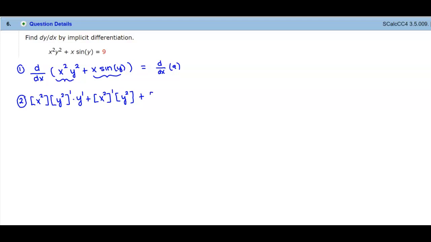So we know that we're going to have the first part of that function of x times the derivative of the sine of y times y prime plus the derivative of x times the function sine of y. And then that's going to equal the derivative of 9, which is 0.